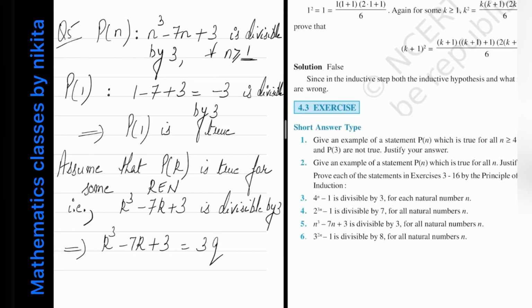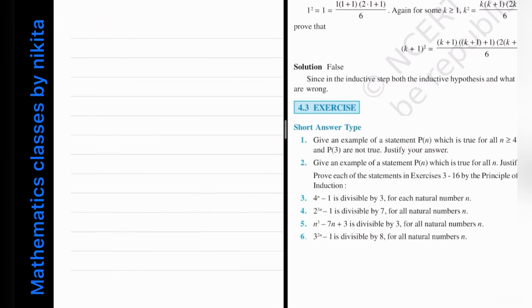Okay, and mark this as 1. और यहाँ से मैं k cube की वैल्यू निकाल सकती हूँ. That k cube is equal to 3q plus 7k माइनस 3. अब हमें प्रूव क्या करना है दैट p of k plus 1 is true. So to show that p of k plus 1 is true.